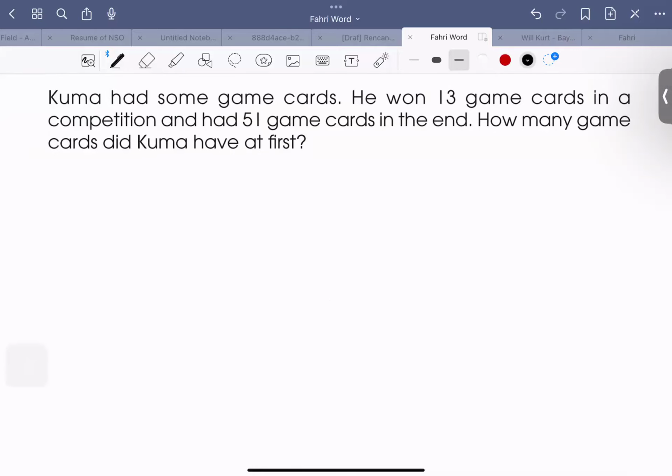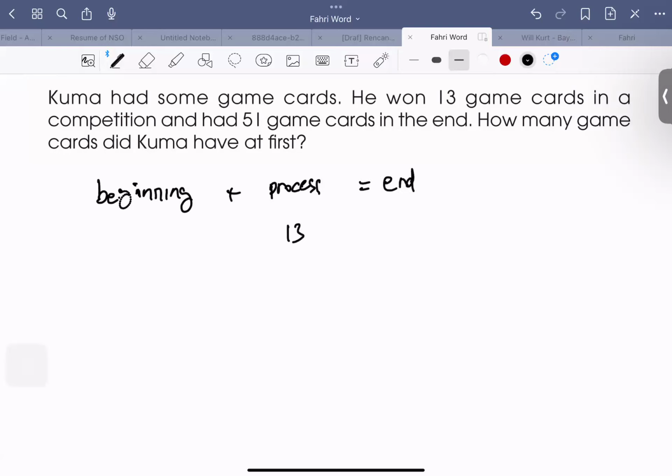Kuma had some game cards. He won 13 game cards in a competition and had 51 game cards in the end. How many game cards did Kuma have at first? So we don't know the initial condition, but we know in the process he won 13 game cards.